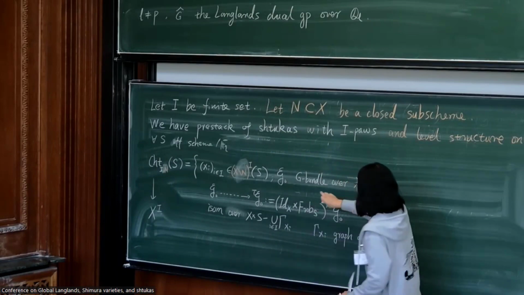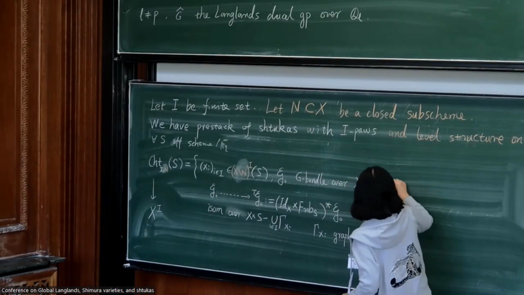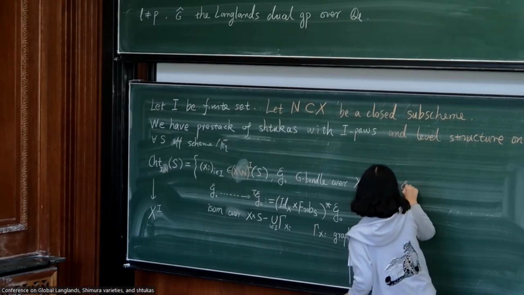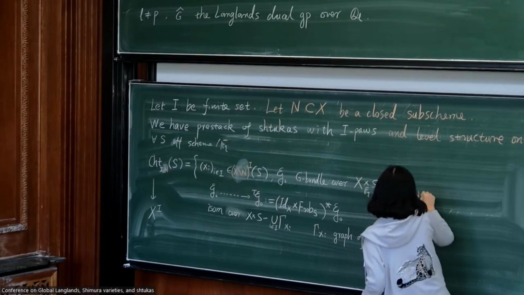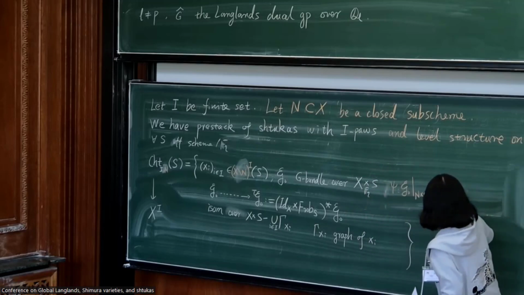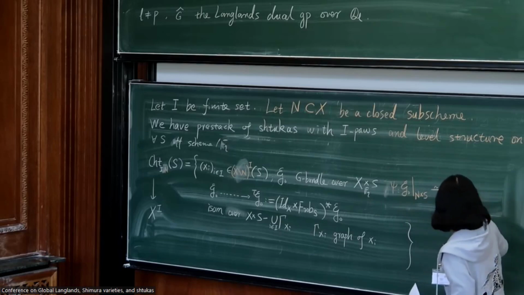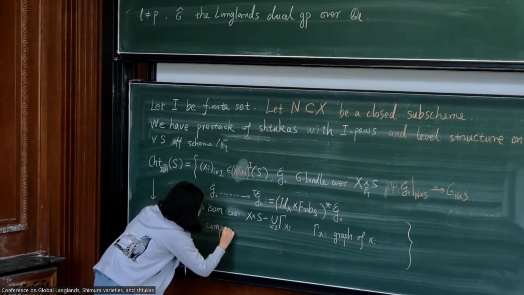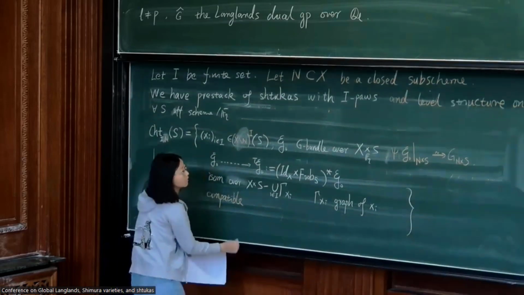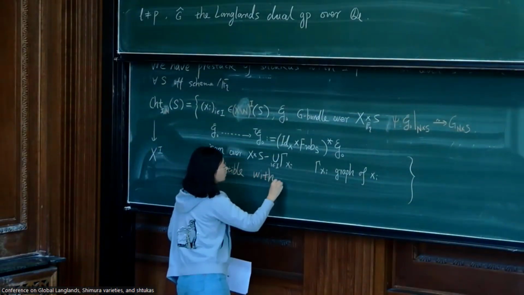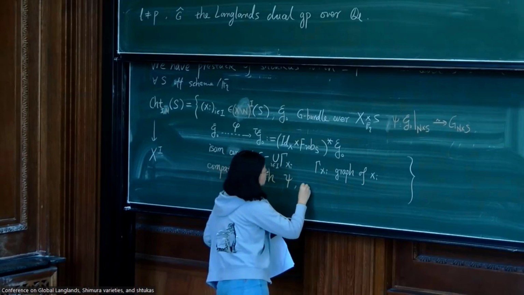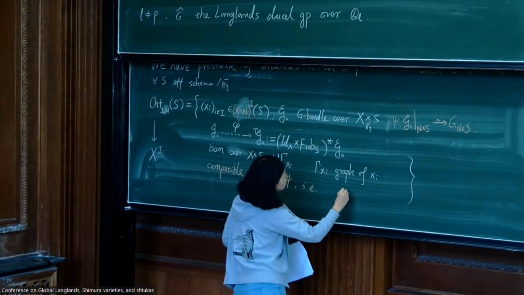In the data we also have a trivialization of the G-bundle over the level, with the trivial G-bundle over N. And we ask that this isomorphism is compatible with the level structure.